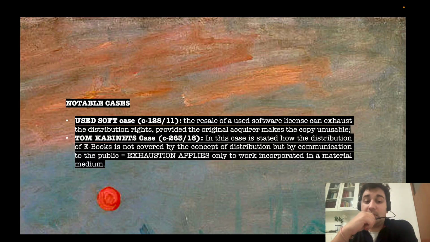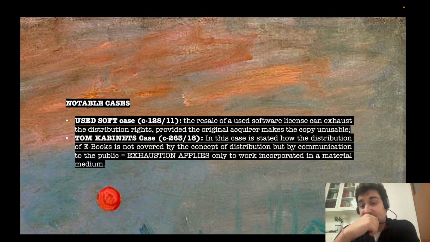Then there is the Tom Kabinet case. So if there is a license, even a UsedSoft license can exhaust the distribution rights if the original acquirer makes such a copy unusable. Okay. Tom Kabinet instead, that is C-263/18.